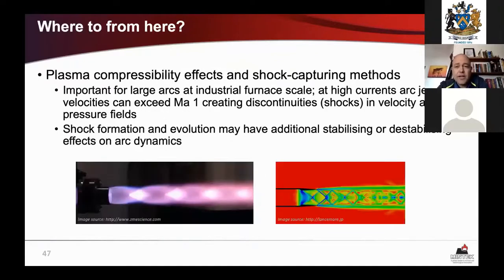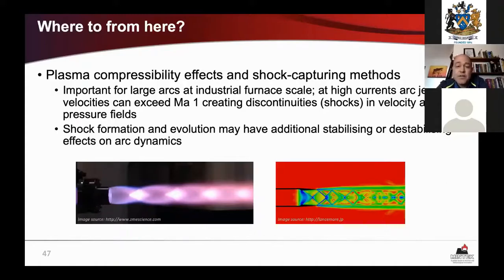Another technical challenge in arc modeling is the inclusion of compressibility and transonic flow effects as the arc becomes a supersonic flow at high currents. Now, exactly what constitutes high current in this case is still pretty much an open question. A simple scaling analysis would indicate that we should start seeing shocks appearing at around about 20 to 30 kiloamps.